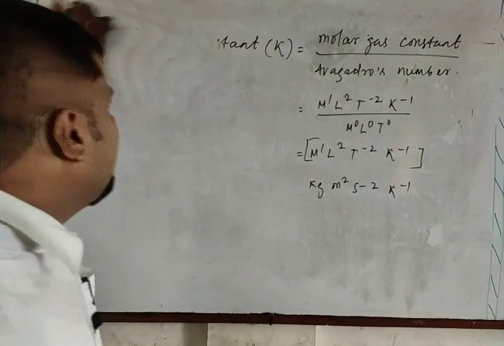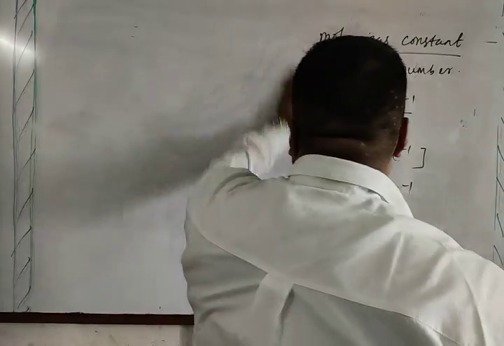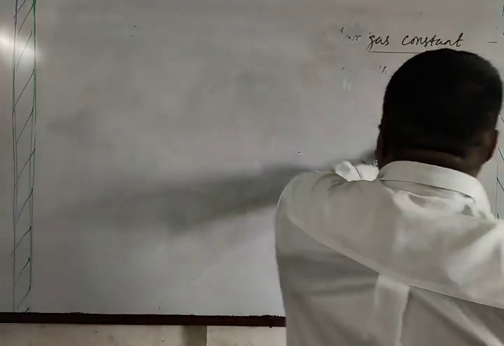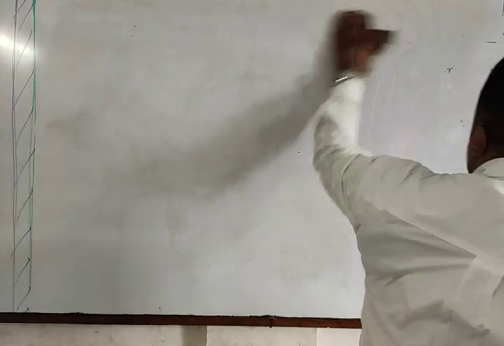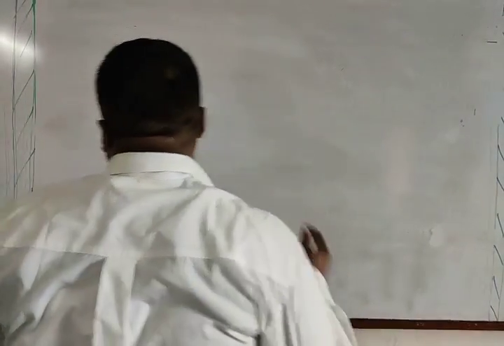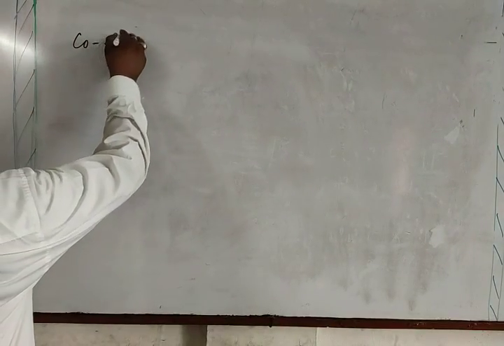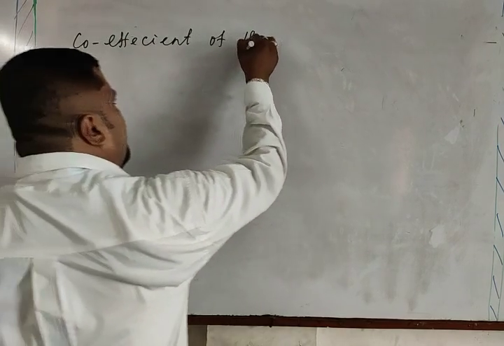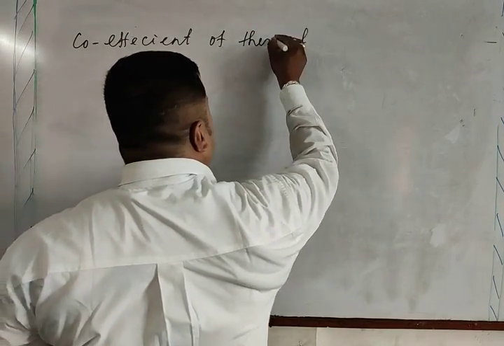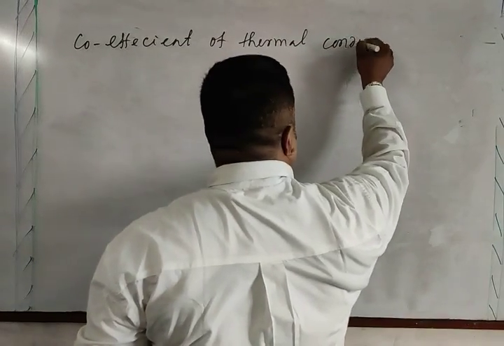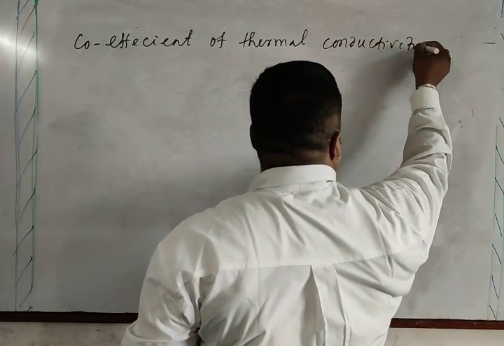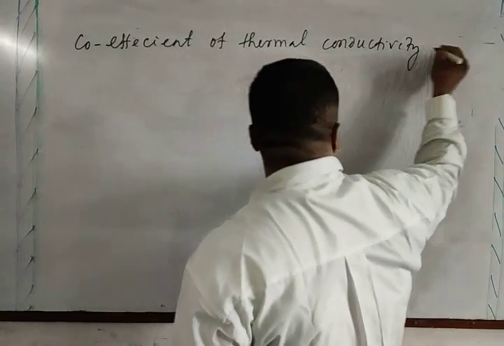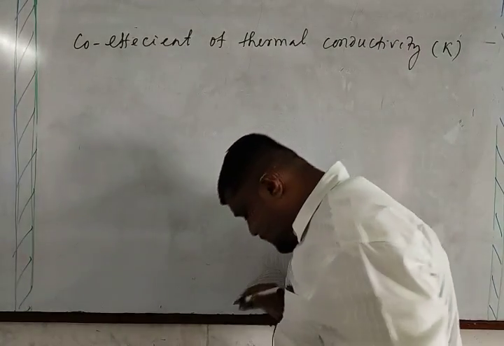Then another quantity comes in your heat phenomena. When you read heat phenomena, you will come across another quantity called the coefficient of thermal conductivity. It is represented as K. What is this K?